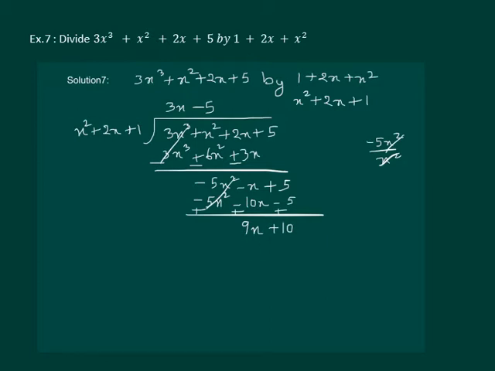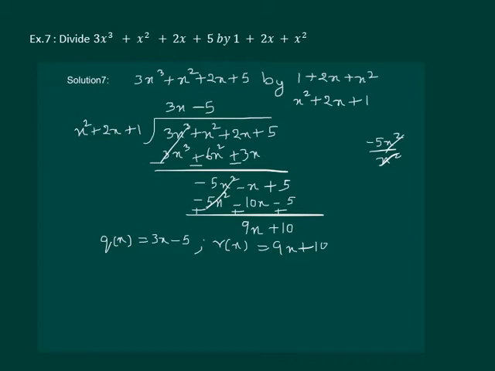Now the degree of remainder is less than the degree of divisor, so we stop here and get quotient as 3x minus 5, while the remainder is 9x plus 10.